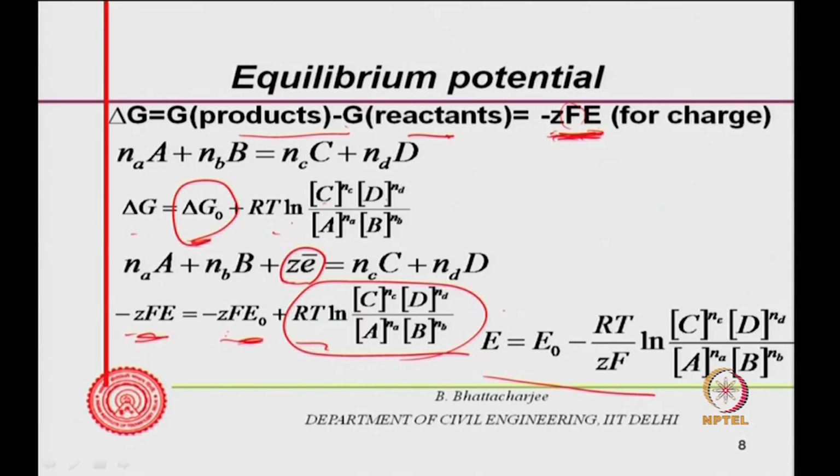What it shows is the electrode potential where charge transfer is taking place. In an electrochemical reaction, charge transfer takes place. The electrode potential can be written in terms of the standard electrode potential, that is, the electrode potential under standard conditions, and can be expressed in terms of the concentration of the species involved in the reaction.